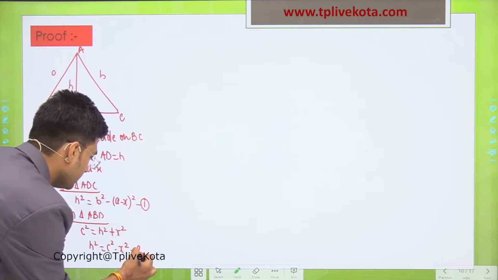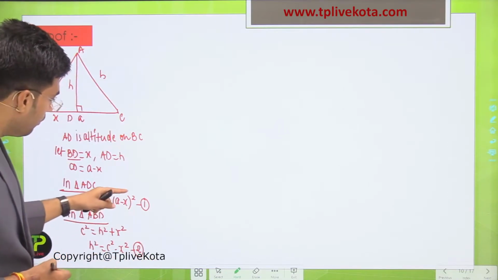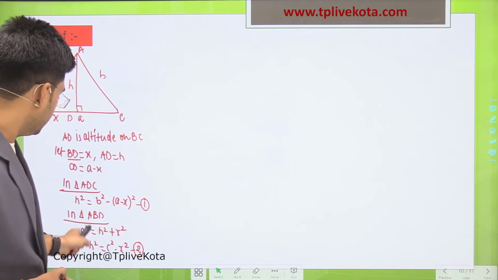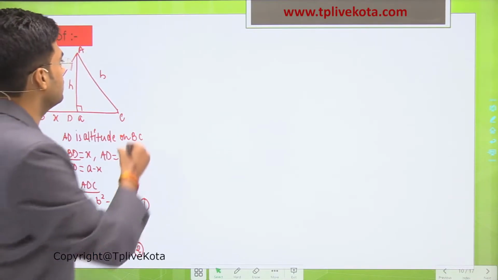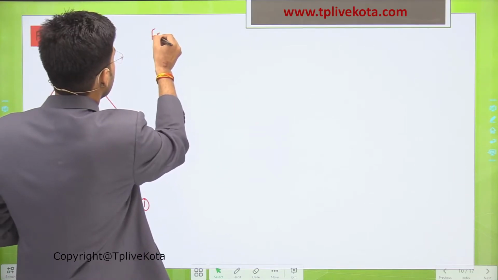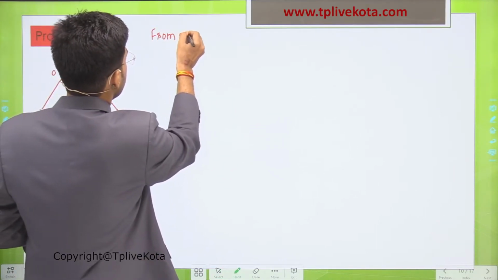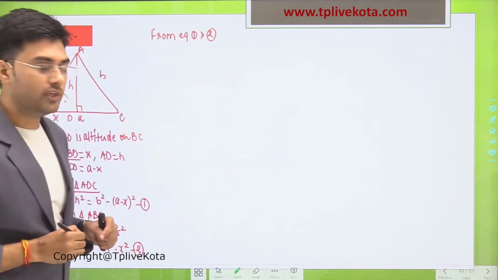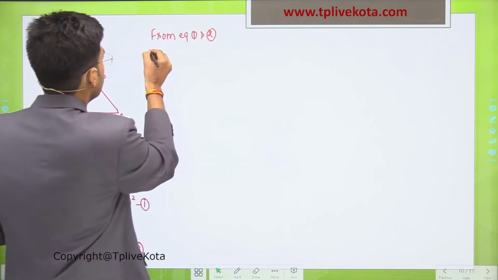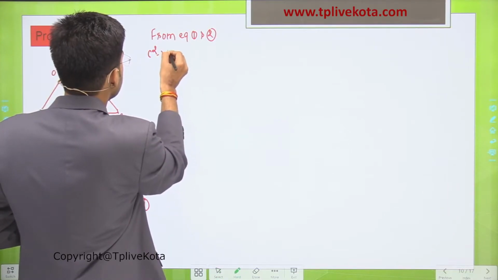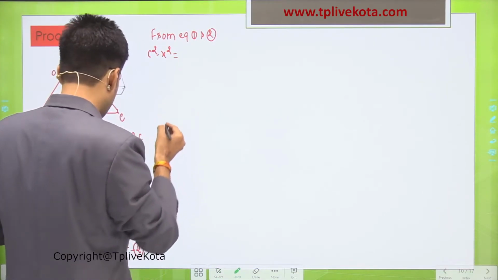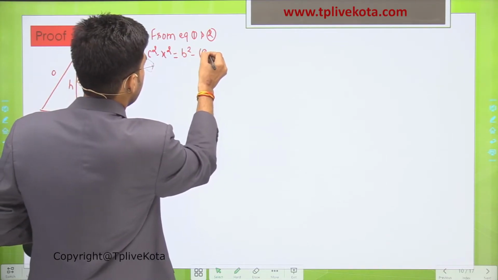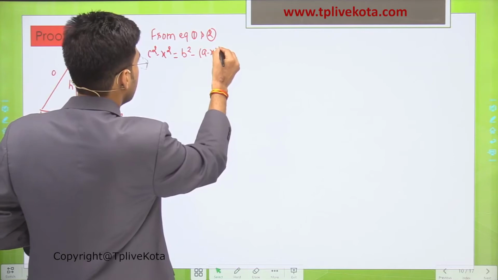This is equation 2. From equation 1 and equation 2, h square and h square are equal, so we can say that c square minus x square is equal to b square minus (a minus x) whole square.